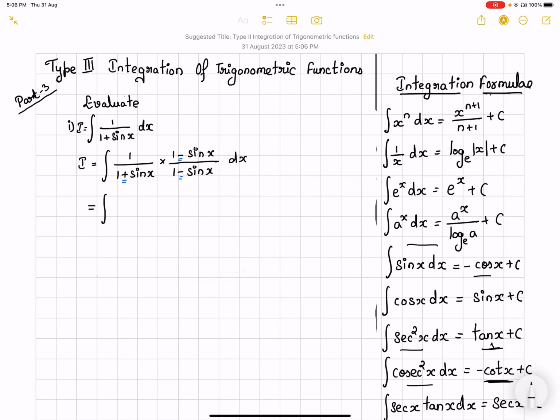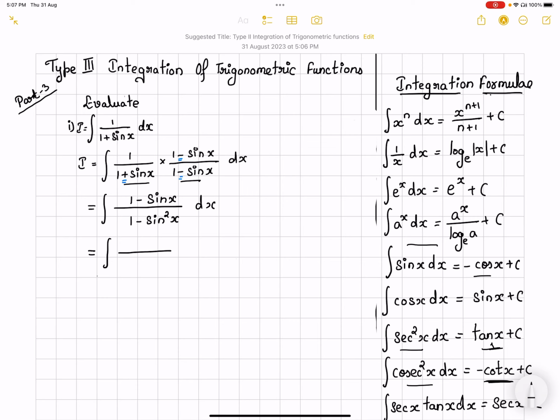Now, if you just observe the denominator, it is a plus b into a minus b, so it is going to be a square minus b square, which is 1 minus sin square x. Then I would be having my numerator as 1 minus sin x dx. So here one more thing.